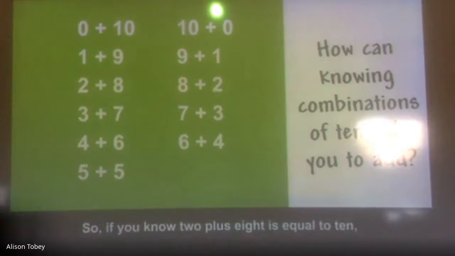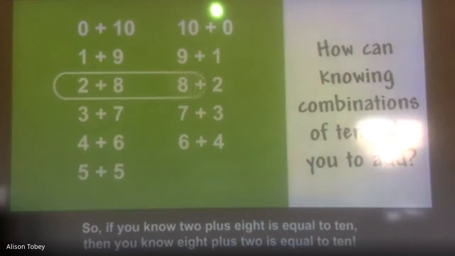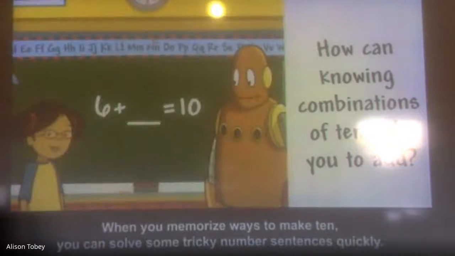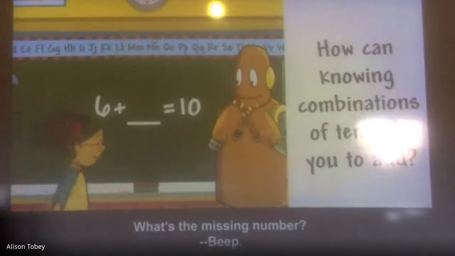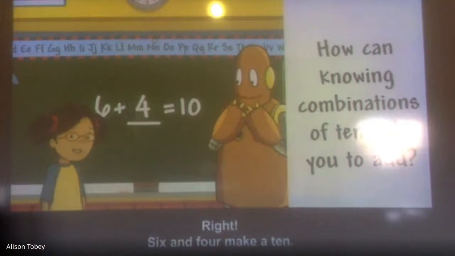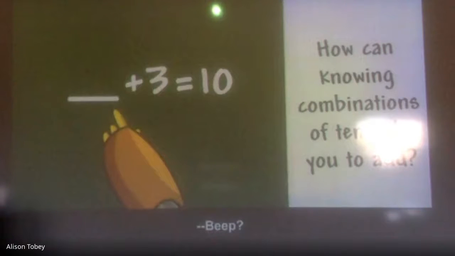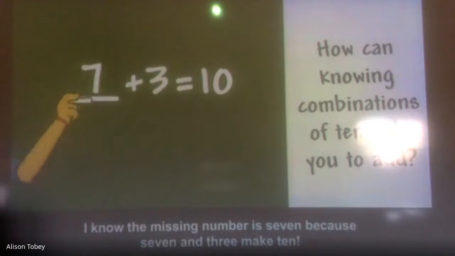So if you know 2 plus 8 is equal to 10, then you know 8 plus 2 is equal to 10. When you memorize ways to make 10, you can solve some tricky number sentences quickly. What's the missing number? Right, 6 and 4 make a 10. I know the missing number is 7 because 7 and 3 make 10.